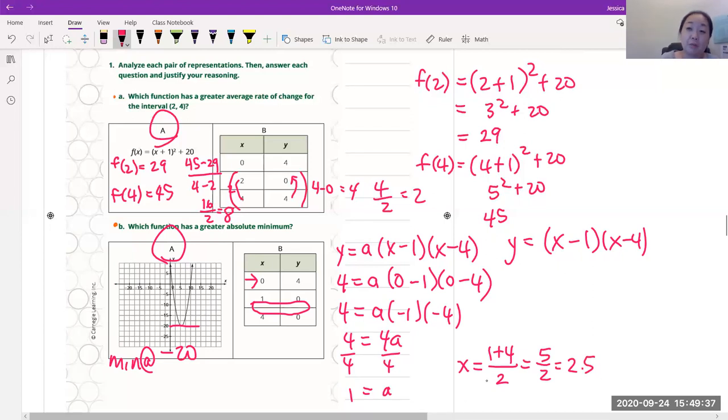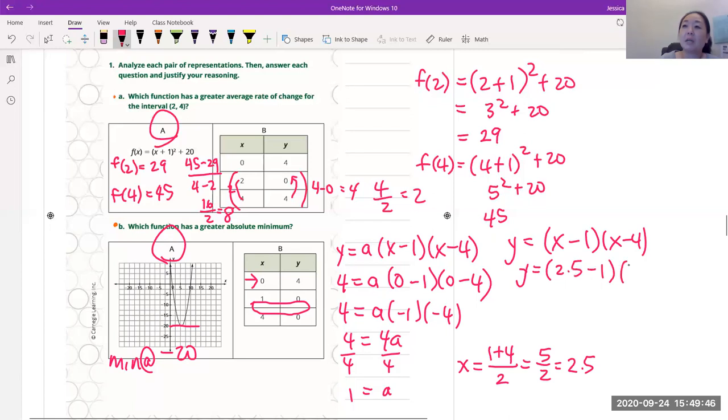So how do we find out what the y would be at 2.5? Let's plug it in, right? So y would be (2.5 minus 1) times (2.5 minus 4), right? Like 1.5 times negative 1.5. So y would actually equal negative 2.25.